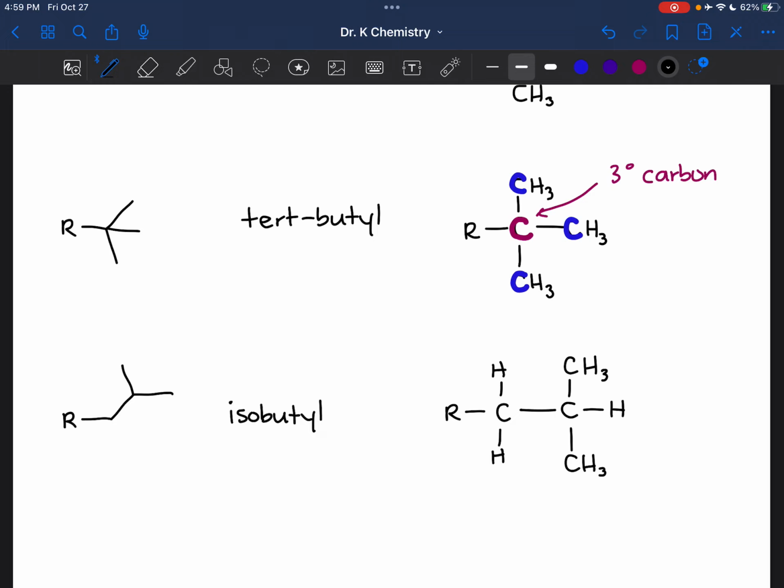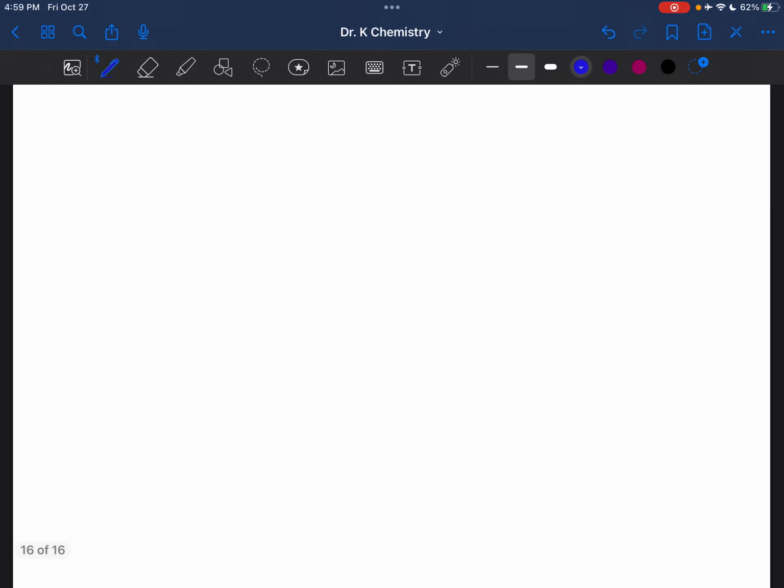There's another type of branching that you will see that does not involve carbons. So you can actually get halogen substituents as well. And those will have a different naming system. Probably easier naming system.